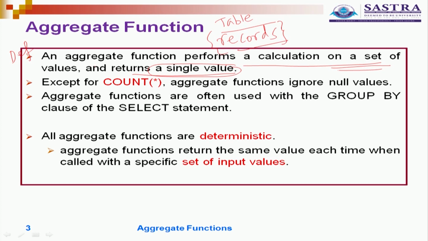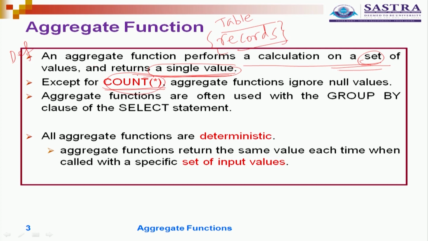So an aggregate function accepts a set of records, or multiple records, as input, and it returns only a single value as output. Count is an example of an aggregate function. There are various aggregate functions that I will list in the next slide.